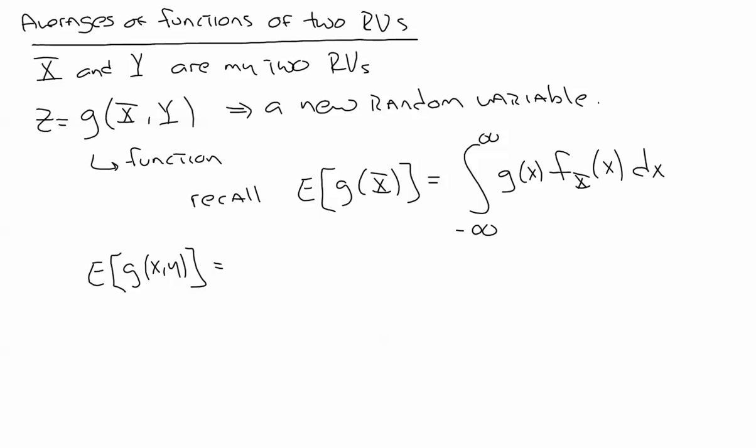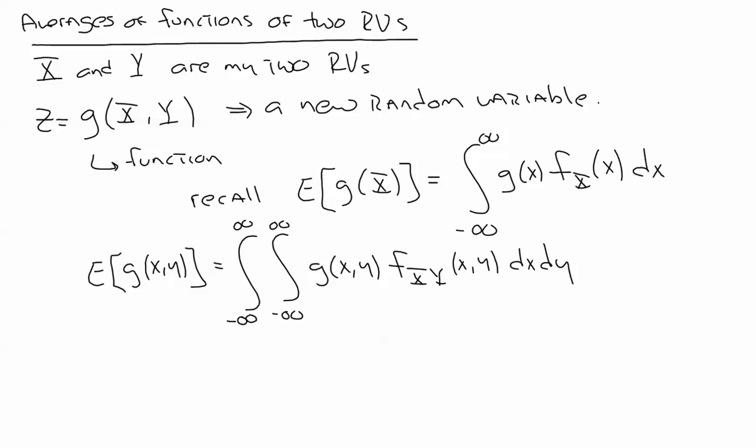The expected value of a function of two random variables is just going to be a double integral of g of x, y times my joint PDF. All right? By extension. This is true if x and y are continuous random variables.